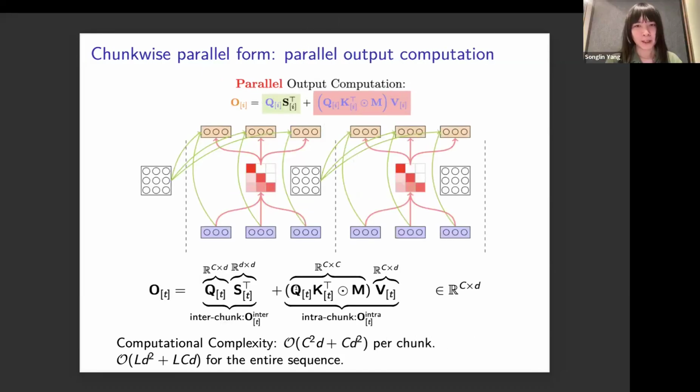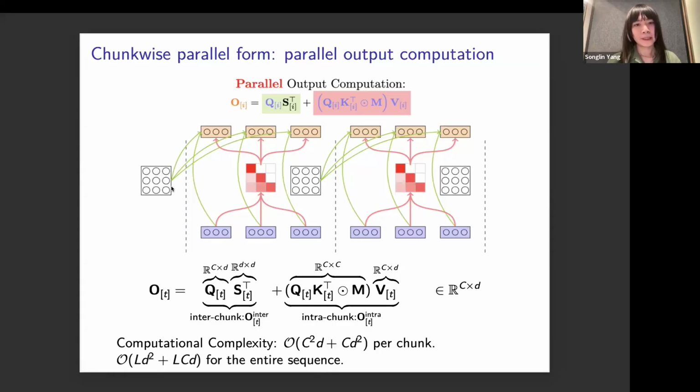Next, we have the output computation. Let's first focus on the green part. This is the output computation contributed from the historical context. Recall that the historical context is encoded into this recurrent hidden state, that is, the last recurrent hidden state of the last trunk.